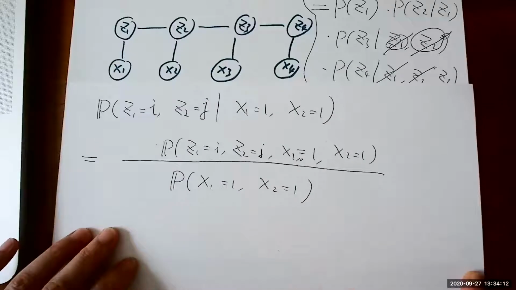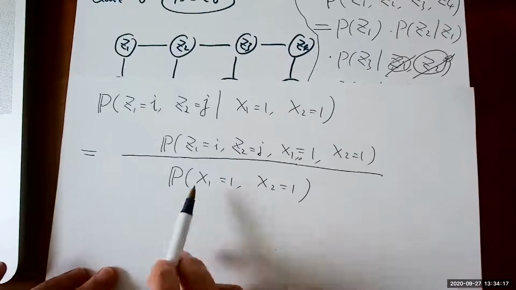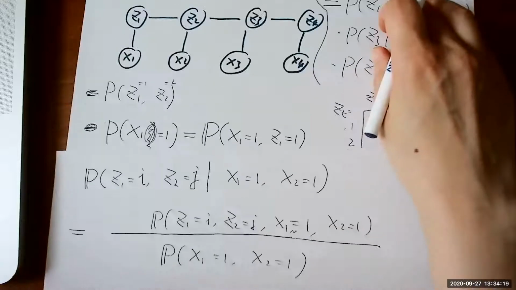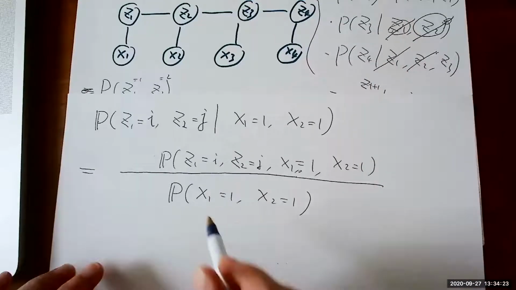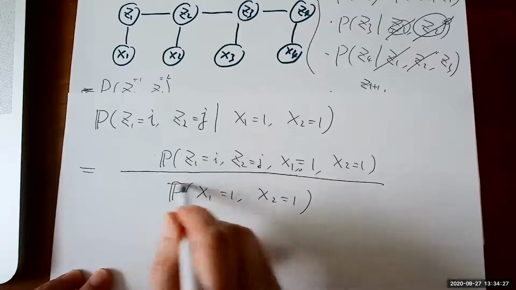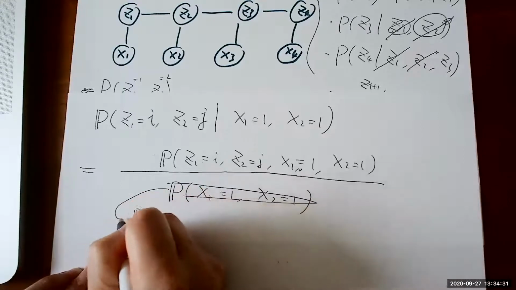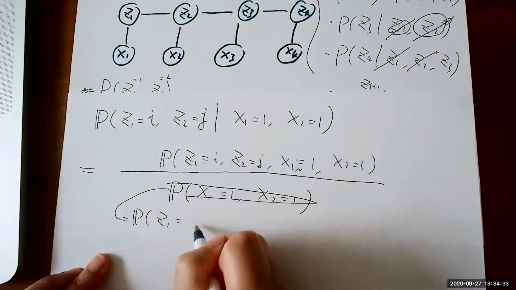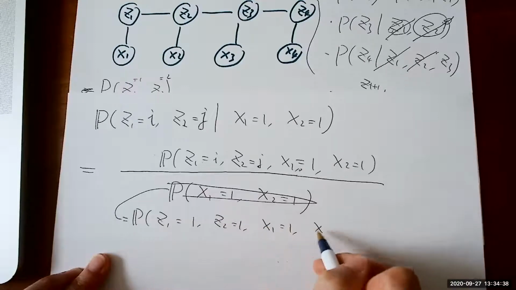Now, I mentioned in a Piazza note how you compute the denominator, using the same trick I mentioned before. This is a joint. The denominator is basically equal to the summation of 4 probabilities. So the denominator is equal to the probability of Z1 equal to 1, Z2 equal to 1, X1 equal to 1, X2 equal to 1.